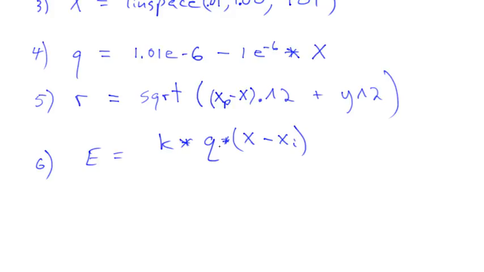There's got to be a dot star. I'm going to put dot star here as well. I don't think that matters because I'm just multiplying by the number K. I changed my mind on that. I'll just make that a star. If it doesn't work, I'll figure that out at the time.